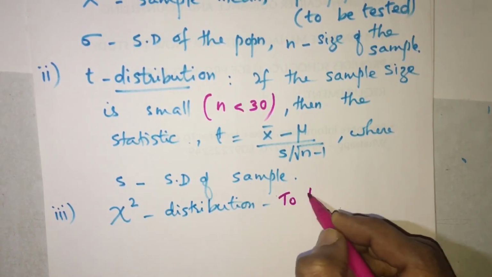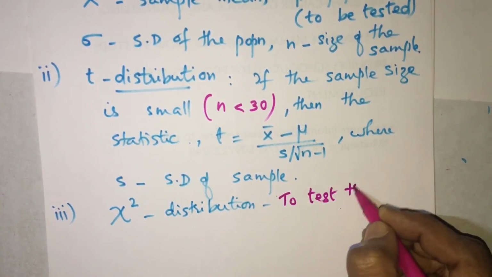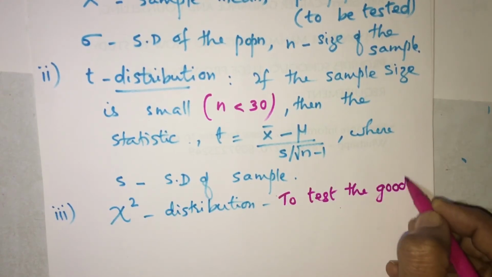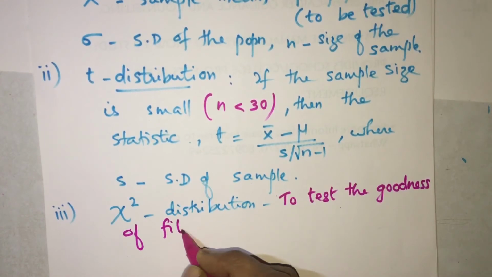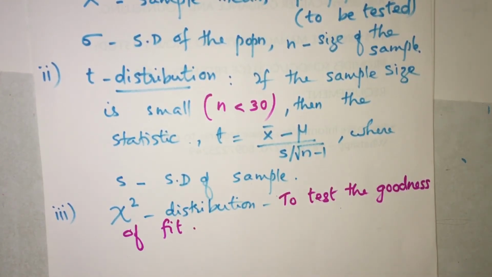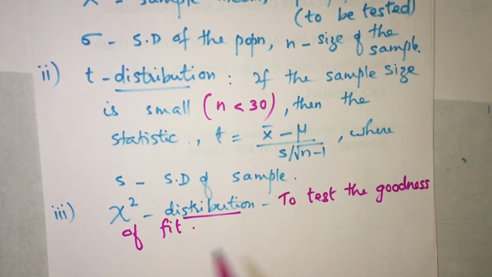Normally we use this to test the goodness of fit, that means to test the independence of attributes, etc. We use this to check whether two attributes which are given are related or not, or whether they are independent or not. To test that type of attributes or that goodness of fit, we use chi-square distribution.